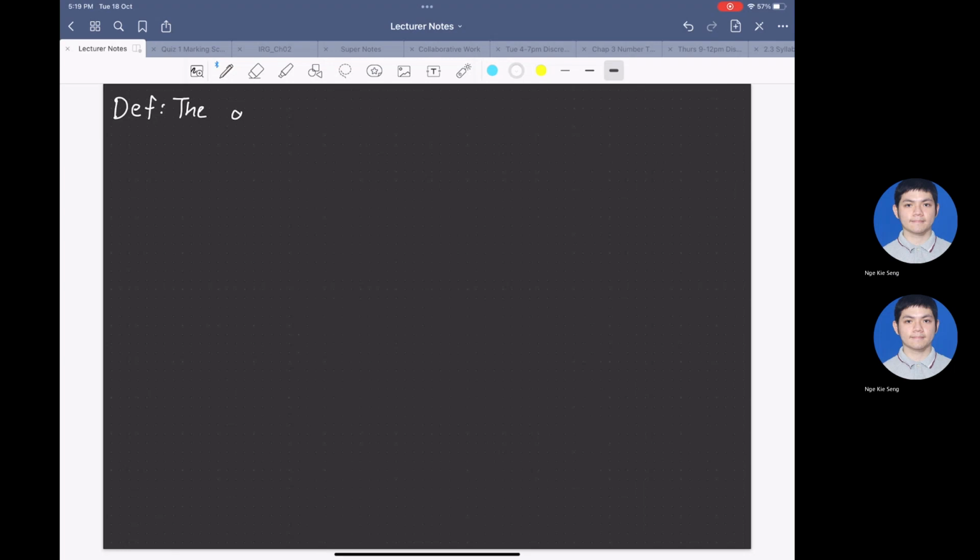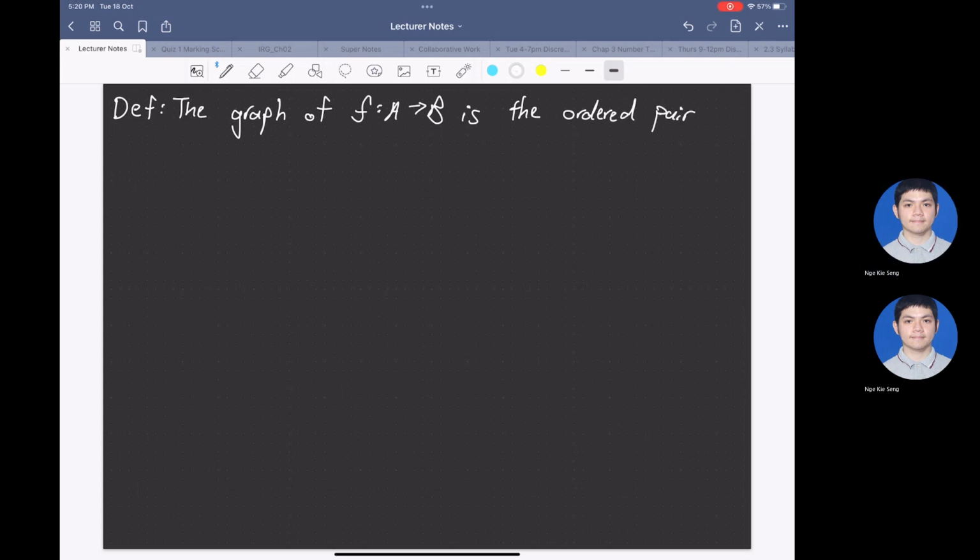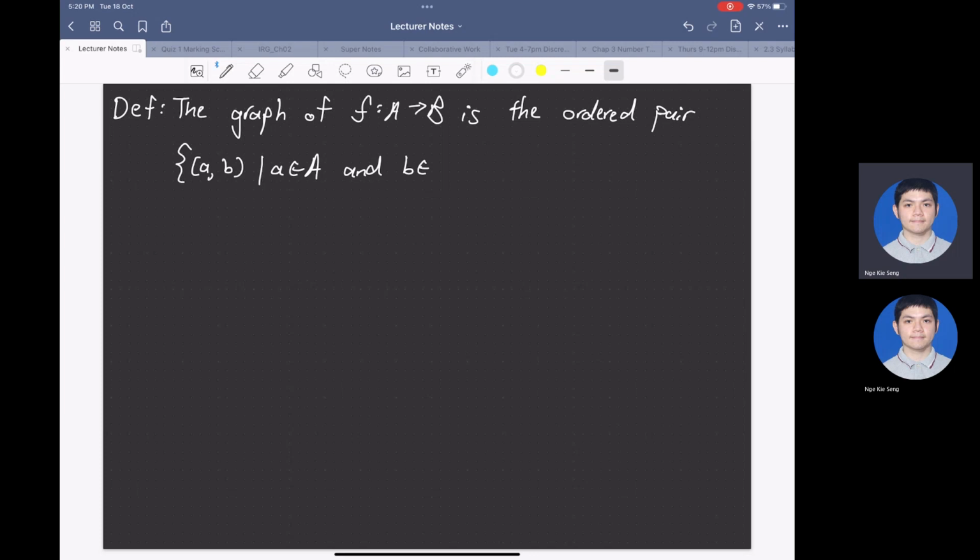So the graph of f is defined as the ordered pairs (a, b) such that a is in A and b is in B and f(a) equals b.